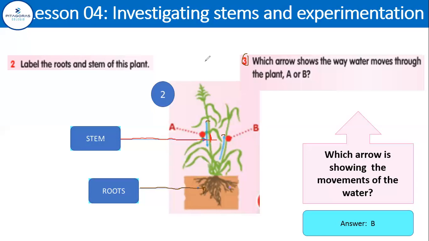Let's see, in the arrow A or in the arrow B? Where is it moving? Letter A or letter B? Oh, here's the answer. It's in the arrow B. Very good, students.